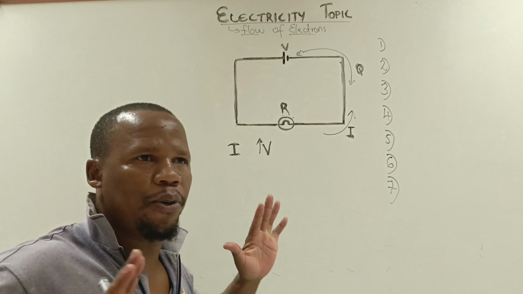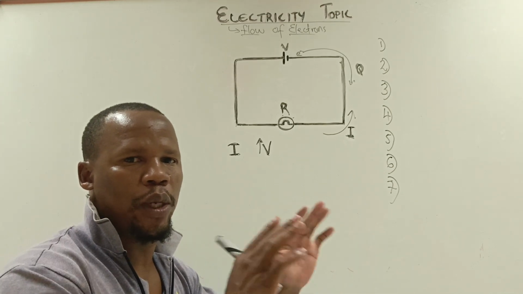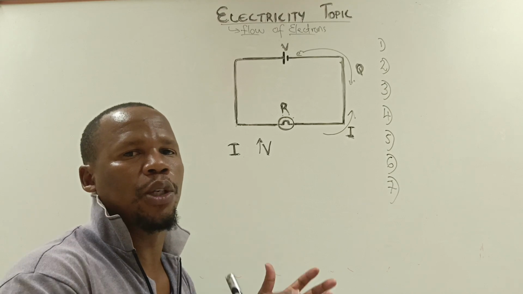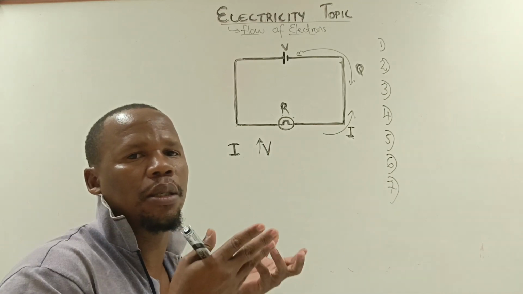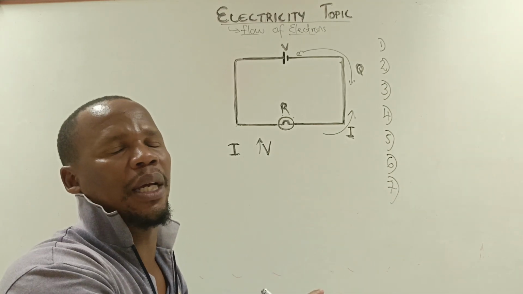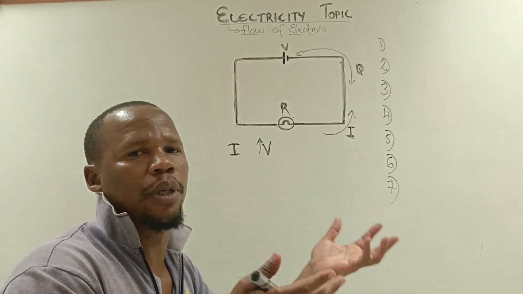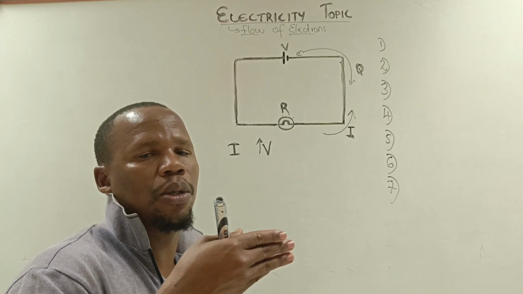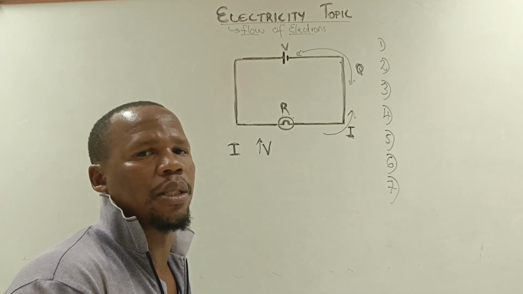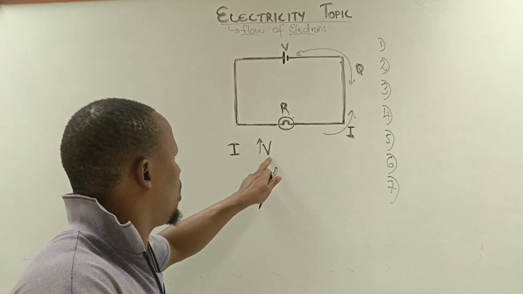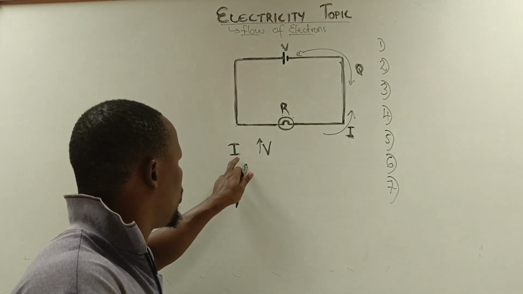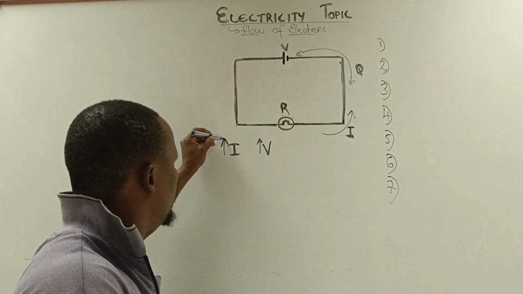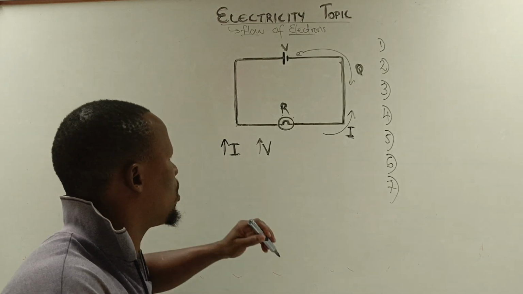If you increase the force with which you push your electrons around the circuit, the population of electrons flowing is going to increase. A larger force is going to push a larger population of electrons around the circuit, and as a result, current is also going to increase. Current, being the shadow of those electrons, is going to also increase.